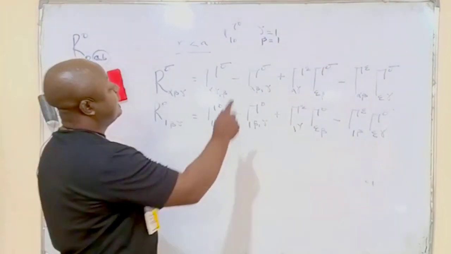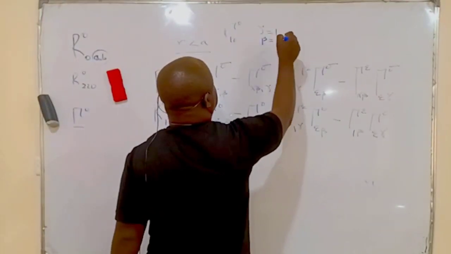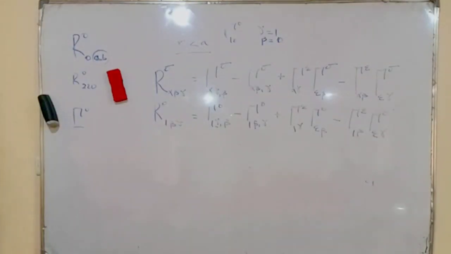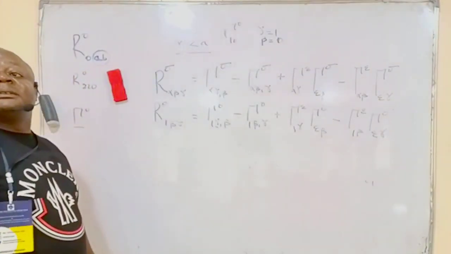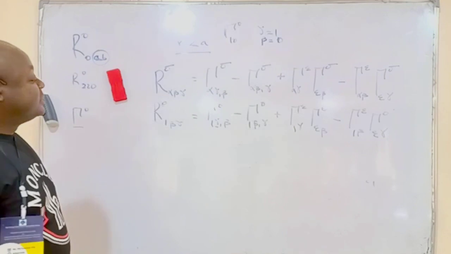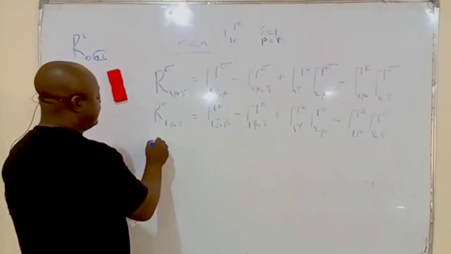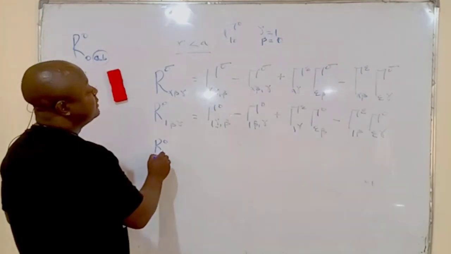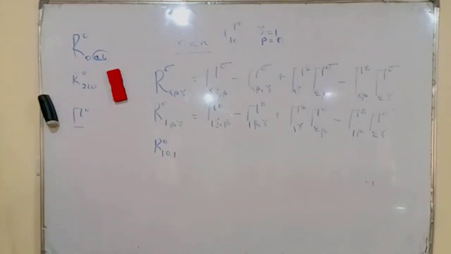So if our beta is 0 and our gamma is 1, that's only when this will survive. Okay? So if that is that, then we are going to have R 0, 1, 0, 1. Okay? 1, 0, 1.